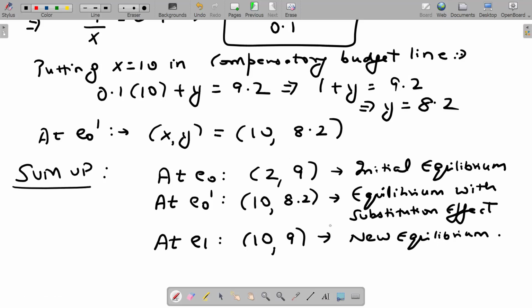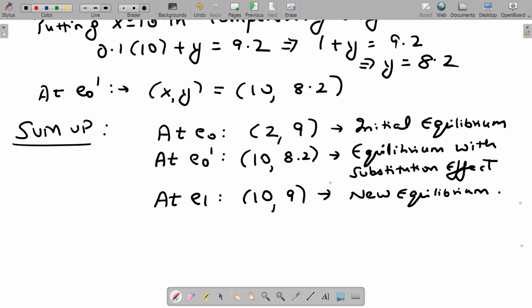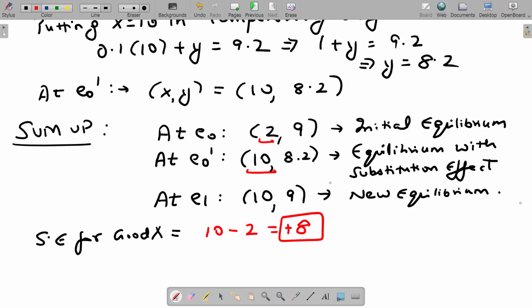Okay, so I can now calculate the substitution effect for good x, which is the equilibrium value at E0 dash minus the equilibrium value at E0, which is 8. So plus 8 denotes my substitution effect for good x. The income effect for good x is the equilibrium value at E1 minus the equilibrium value at E0 dash.